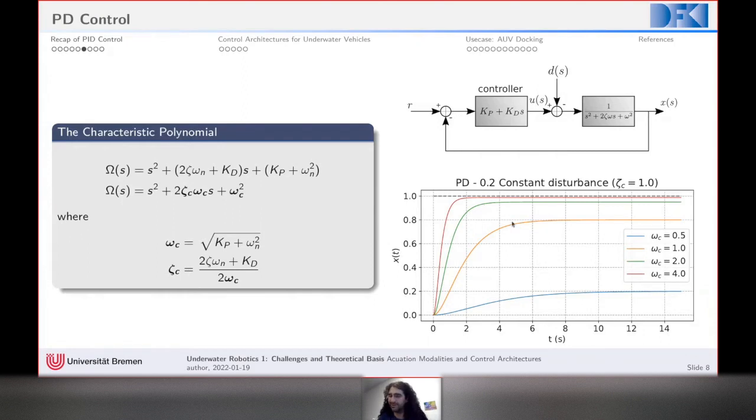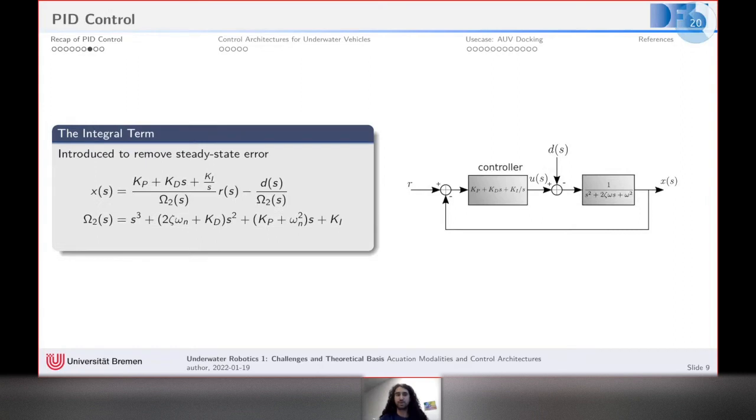So naturally, we want to use a moderate gain, for example, something like 1. However, we cannot get rid of this error because we have a certain disturbance. And here's where we can introduce the so-called integral term. For this integral term, we take the error and we integrate it.